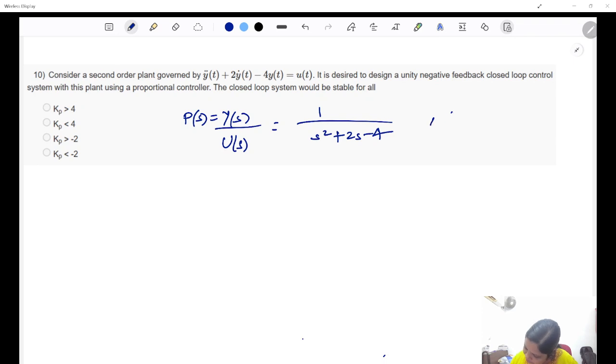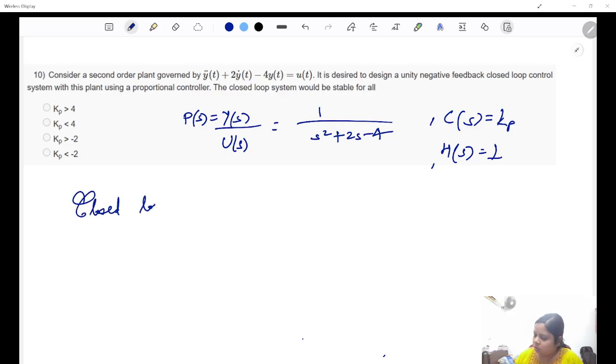What is your Cs? Cs is Kp. What is your Hs? Hs is 1. Fine. So let's go to the closed loop characteristic equation, which is given by 1 plus GsHs is equal to 0.